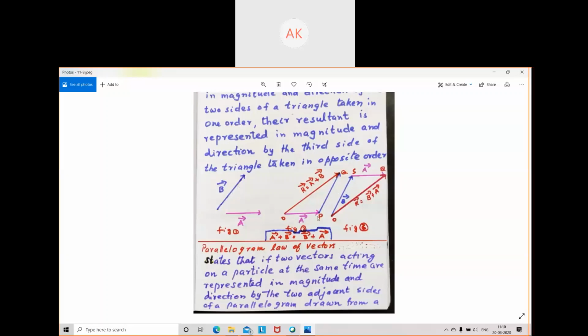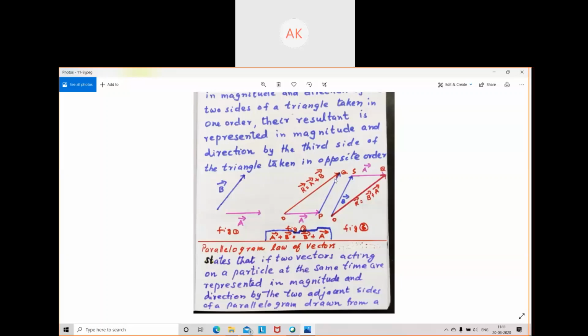Now vector A and vector B are the two sides of a triangle taken in the same order. Then the third side of the triangle in the opposite order will represent the resultant of those two vectors. So the third side of the triangle you just join. The third side of the triangle is joined, and you have to take the opposite order.